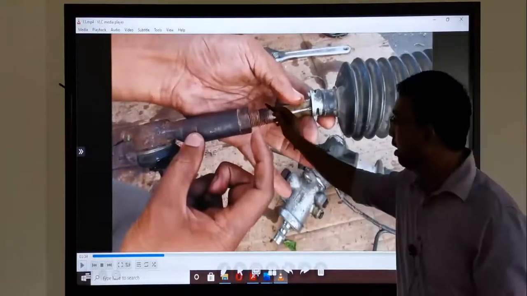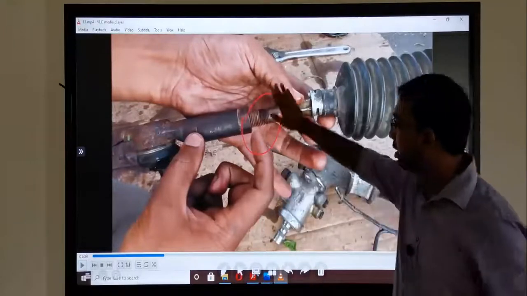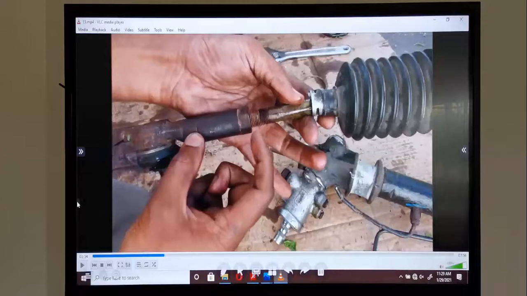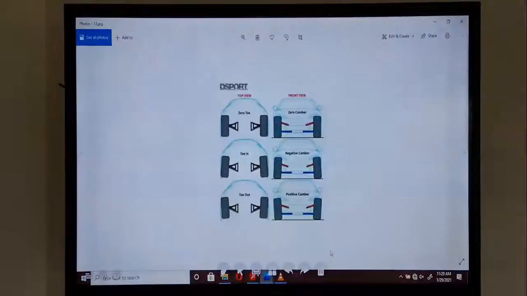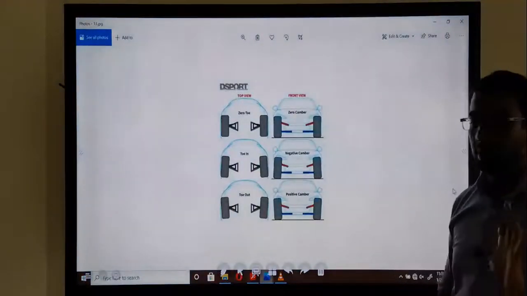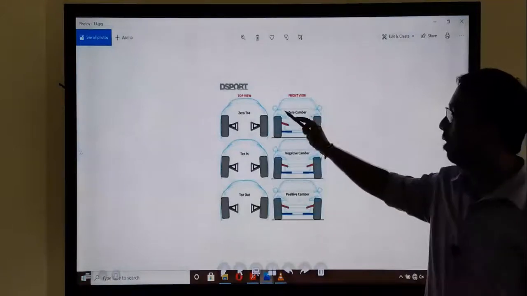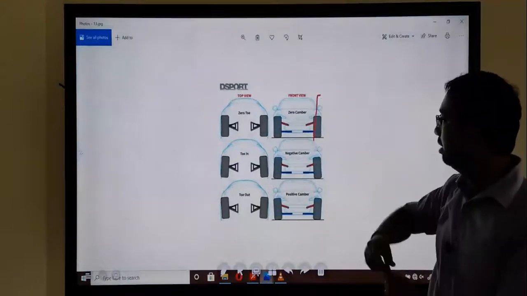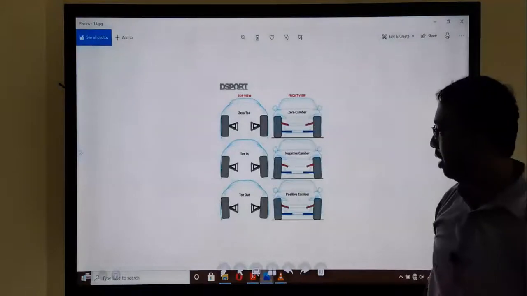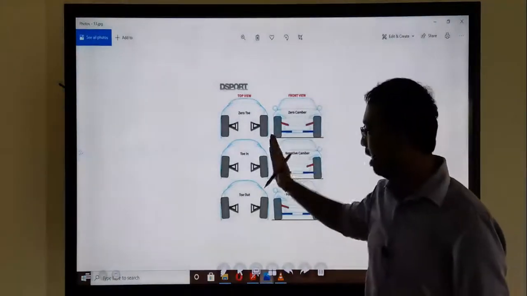The wheel alignment, you already studied about wheel alignment. I explained why we need wheel alignment, for this steering. In the normal, proper condition, the wheels are like that, vertical to the surface. But here you can see there is an angle.